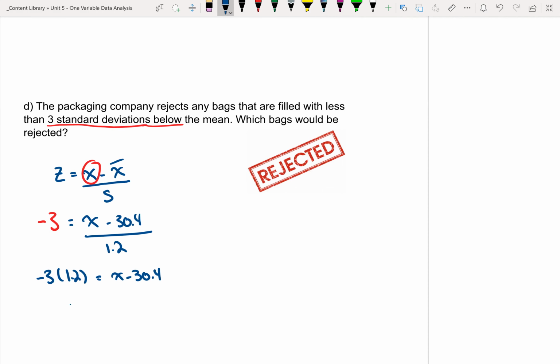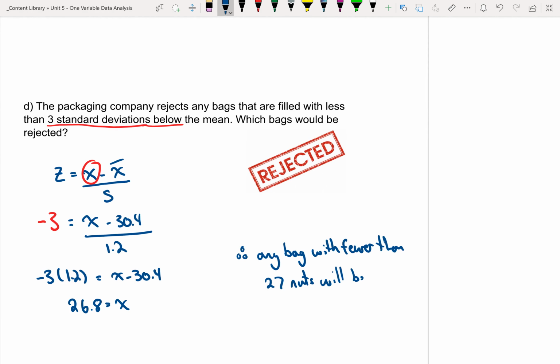I get an x value of 26.8. So therefore, any bag with fewer than 27 nuts will be rejected.